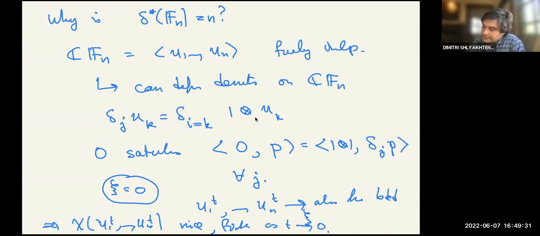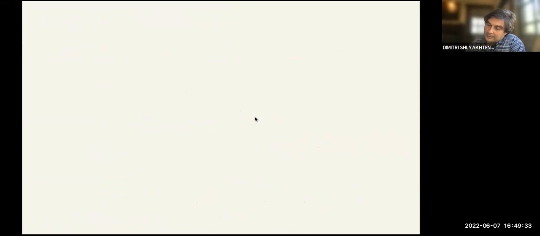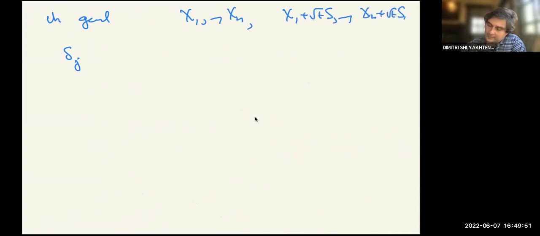I don't really have time to explain, but in general, you have some x1, ..., xn, and then you're interested in x1 plus root t s1, ..., xn plus root t sn. You write this del j of x1 from the algebra generated, let's call this x1t, ..., xnt.